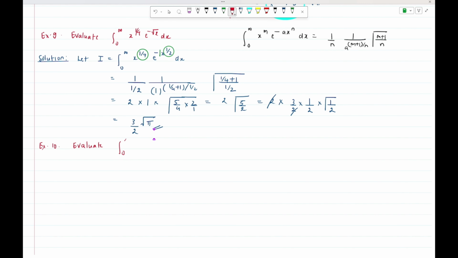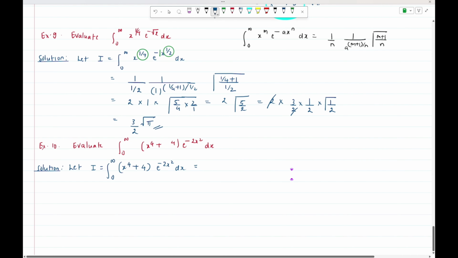So we wish to evaluate the integral of x raised to 4 plus 4 e raised to negative 2x square dx. So again, to begin with the solution, we are going to first declare the given integral as I. So let I be the integral from 0 to infinity x raised to 4 plus 4 e raised to negative 2x square dx.